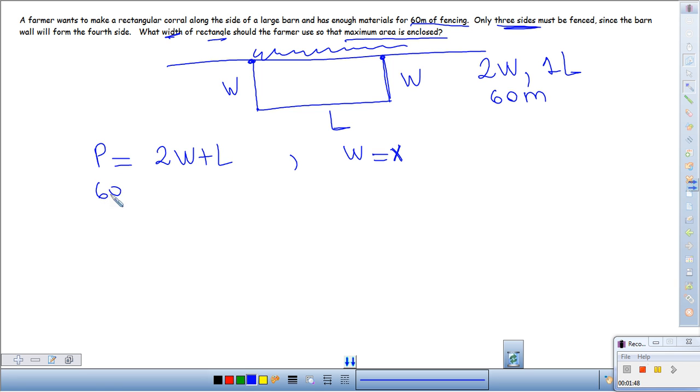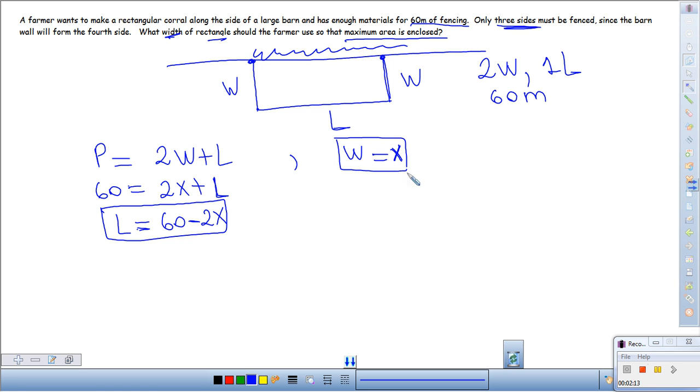So 60 equals 2x plus the length. I'm going to isolate the length and express it using the width. So length equals 60 minus 2x. So I have the length represented using x, and the width represented using x.